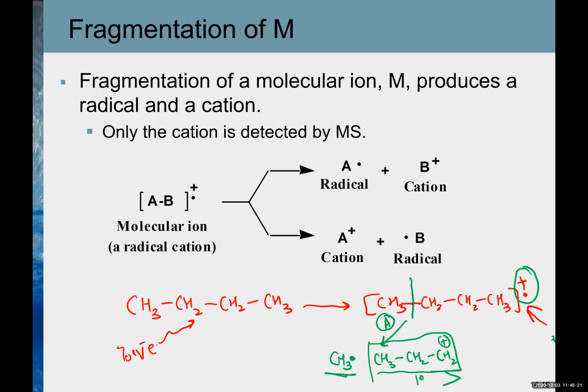The other important thing is, look at my parent ion molecule. Can you tell me, after fragmentation, is the left hand side of the molecule getting a positive charge or the right hand side? By left hand side I mean this side, by right hand side I mean this side.